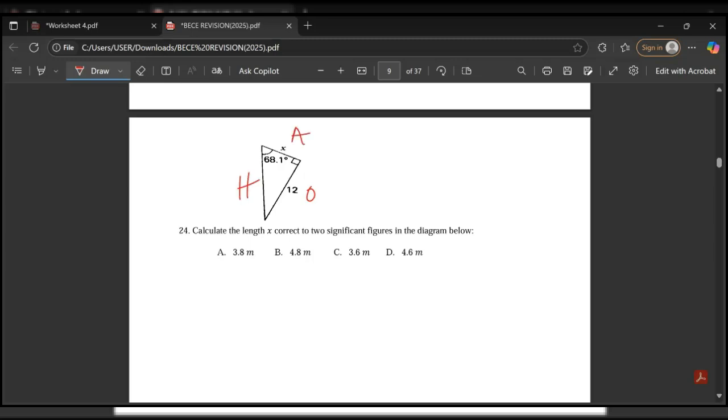So that means we are using TOA again. So that's going to give us tan 68.1 equals opposite, that is 12, over adjacent x. So this will give us x equals 12 divided by tan 68.1.